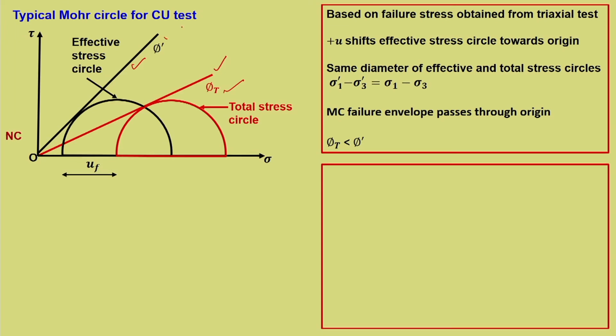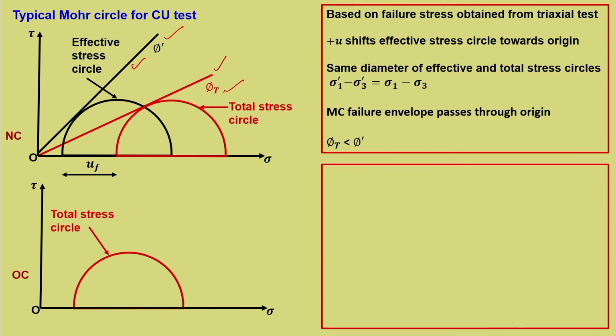So, only this particular failure envelope is important, and we generally do not use phi t because the undrained strength is different. Now, we will keep repeating this, you will hear the statements at least 4-5 times throughout this module, and we need to clearly understand this particular fact.